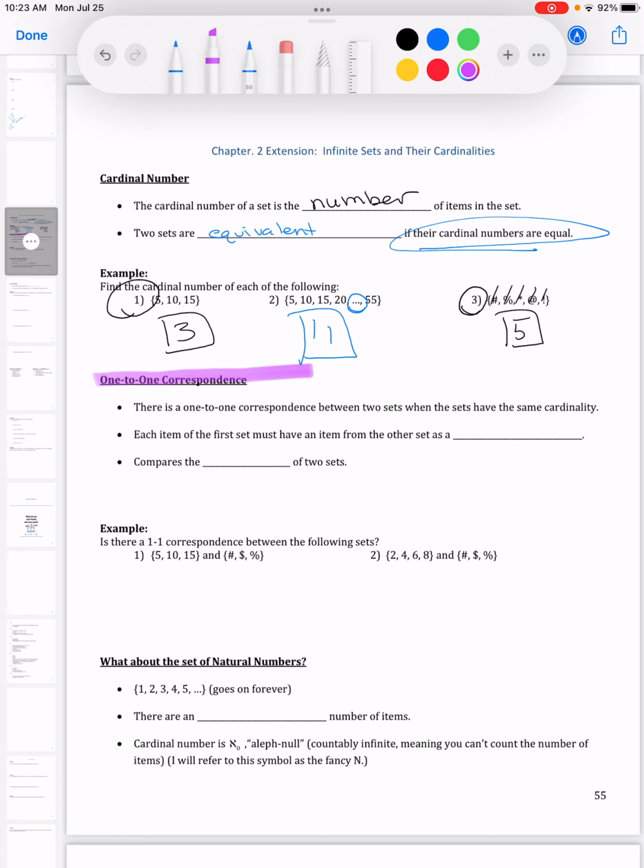One-to-one correspondence is when we're going to compare 2 sets and they have the same cardinality, so they have the same number of items. To do this, we basically are going to pair an item to each other, and that's what I have in this last one. We're going to set them up as a pairing, and this compares the size of the 2 sets.